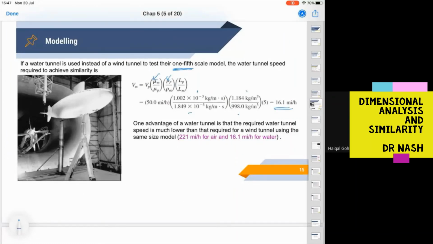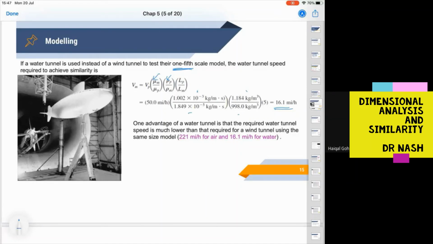Definitely lah, this should be an advantage of water tunnel, but there are many more things that we have to consider when we run water tunnel. Especially water tunnel, the density is very high and everything. And then we have to control a few more parameters, for example, like the shear stress, the size, so that it will not interfere with the flow regime and so on.